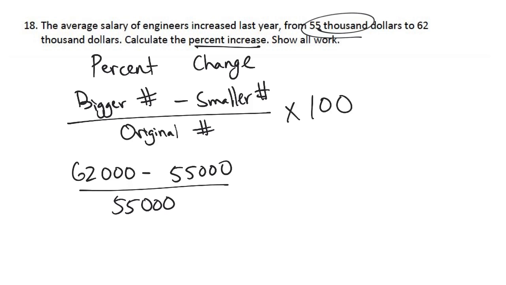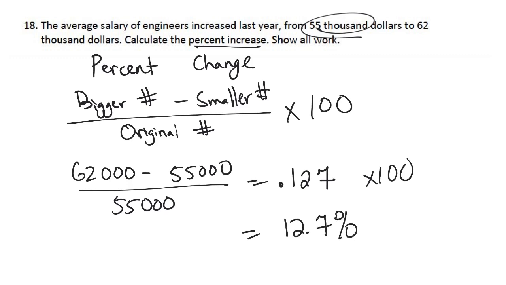So 62,000 minus 55,000, press enter, divided by 55,000. Let's see, this gives us 0.127, but we're going to multiply it by 100 to make it a percent. So it actually gives us 12.7%. So wages increased by 12.7%.